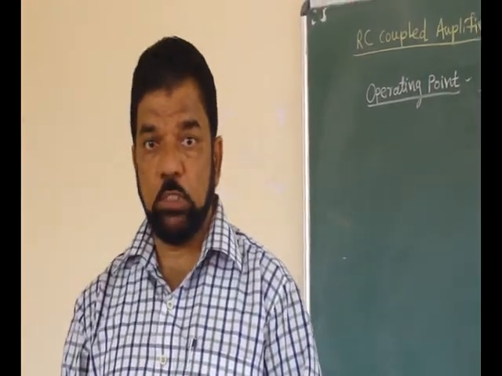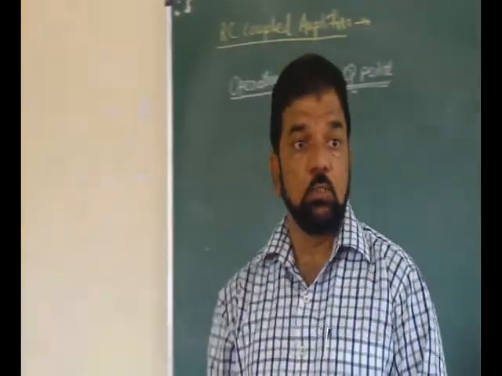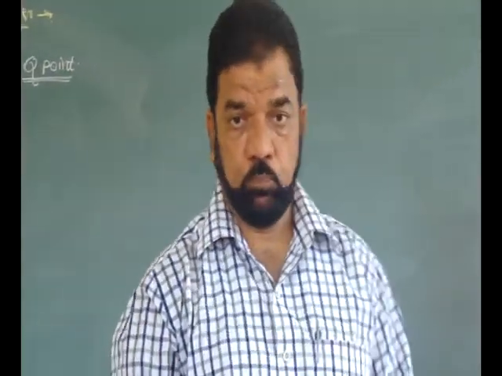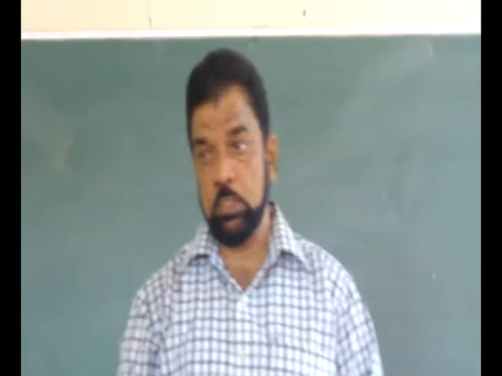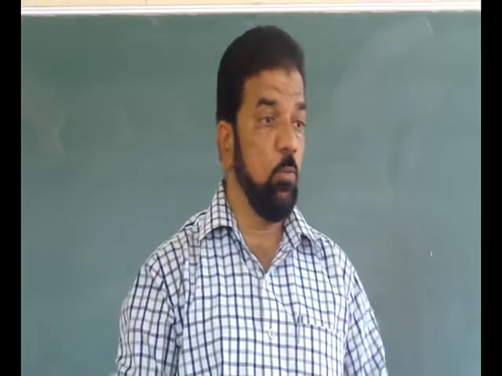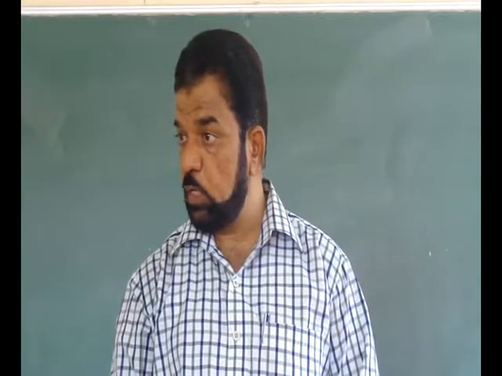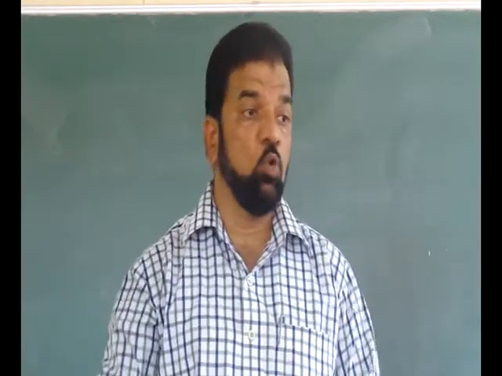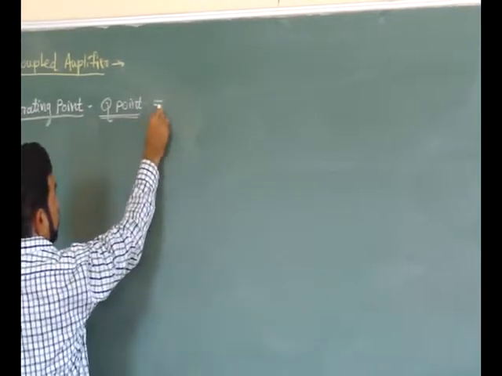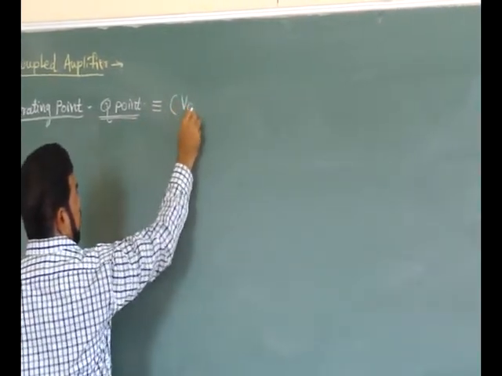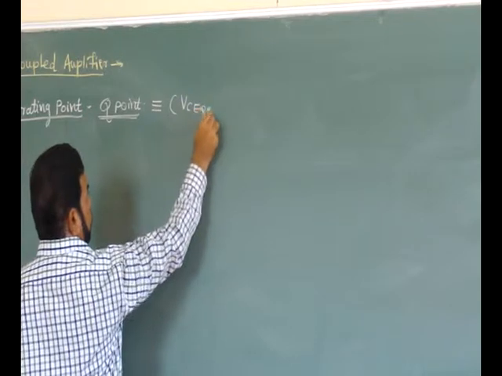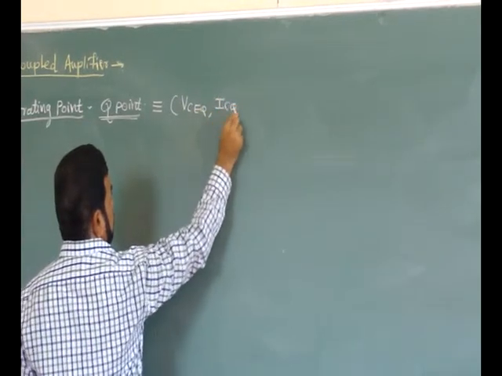This Q point determines the operating values, the DC values of the circuit. How much should your supply be? What should be the values of various components? That determines your Q point. Basically, this Q point determines two important values: one is VCEQ, another one is ICQ.